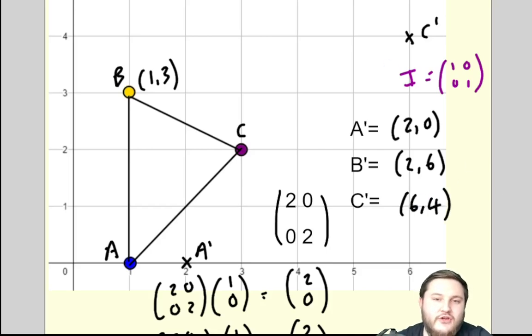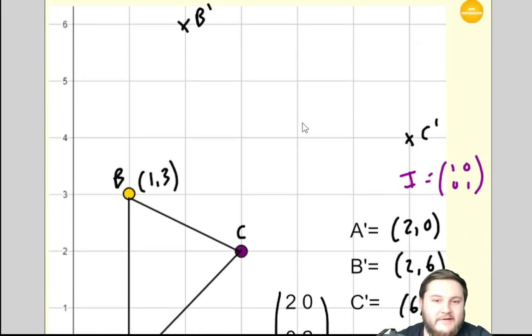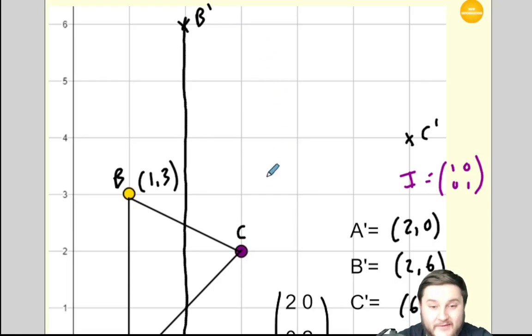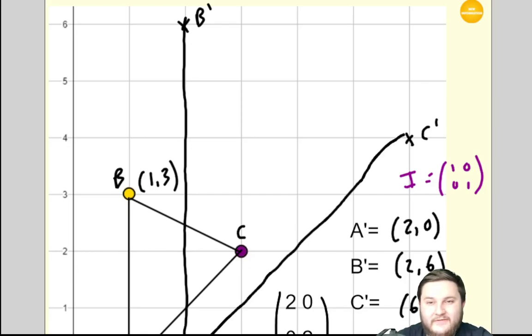Now you might actually notice, maybe you have, maybe you haven't, that the coordinates of A dash, B dash, and C dash, the image, are 2 times the original coordinates, right? And that's very special, that's very unique.